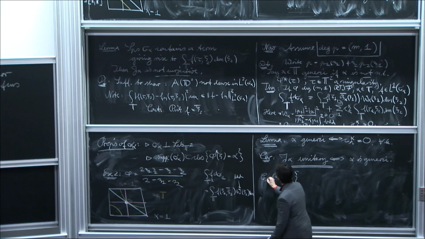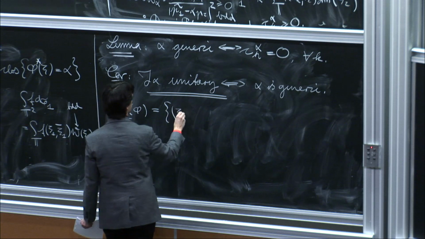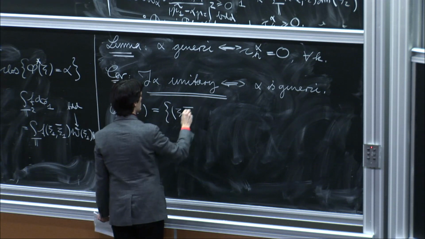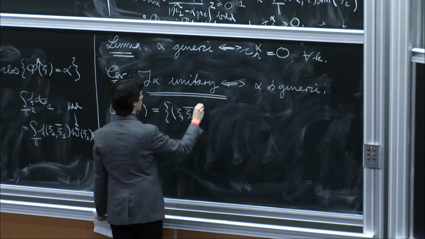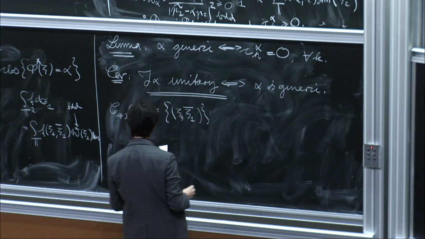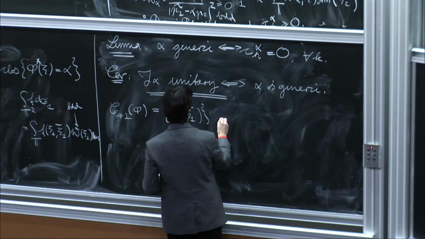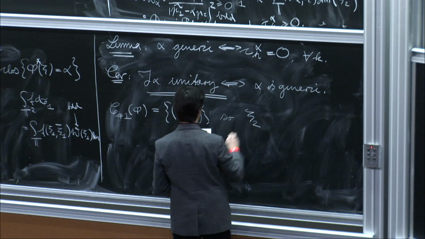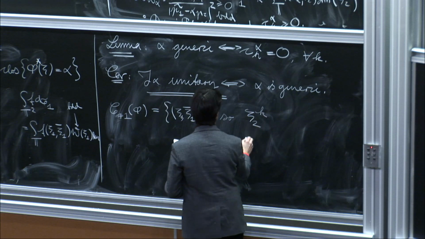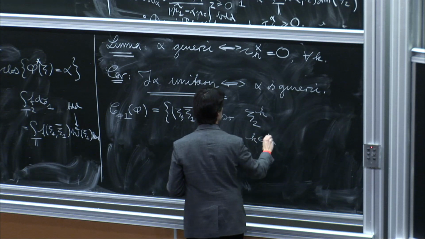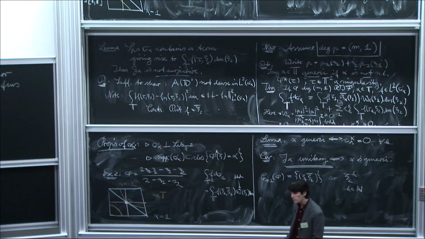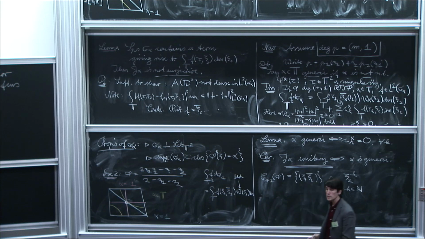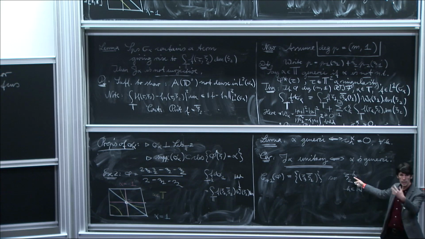Now let's look at C plus 1. Well, that's the set zeta 2 equals zeta 1 bar. And so what happens if you look at the function zeta 2 to the k, and here k is a natural number? Well, this function is, for each k, a function in the bidisk algebra.